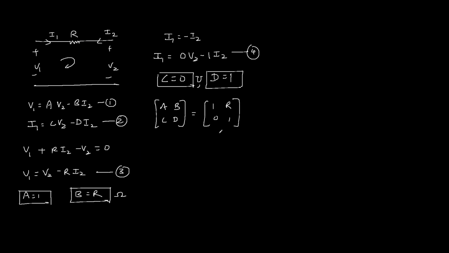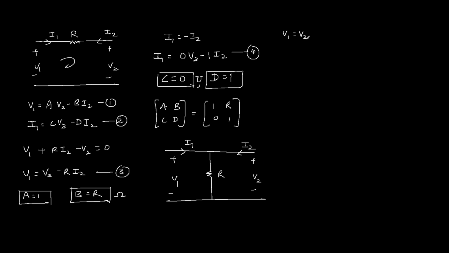Now let us find out the ABCD parameters for this two-port network. Again, by applying KVL and KCL, we have to write two equations in the form of equation 1 and 2. So here we can see that this path is short circuited, so V1 is equal to V2.